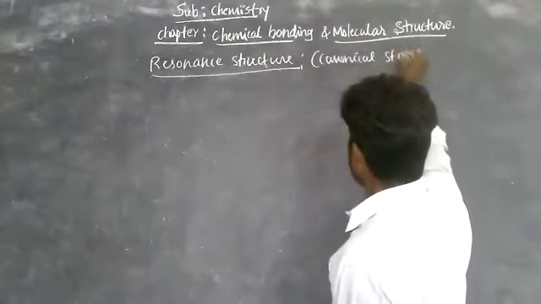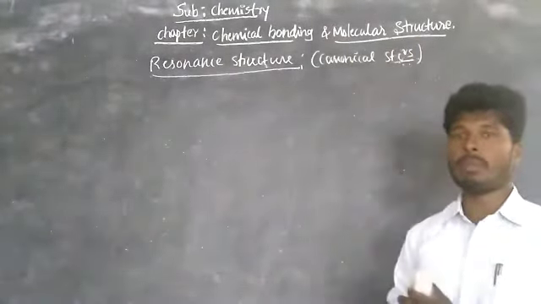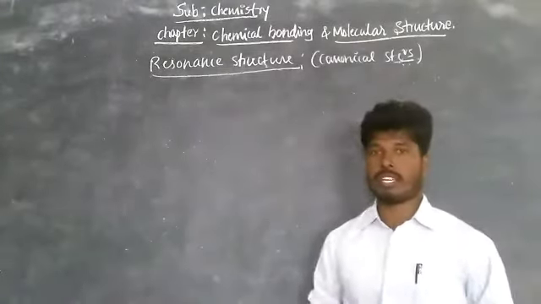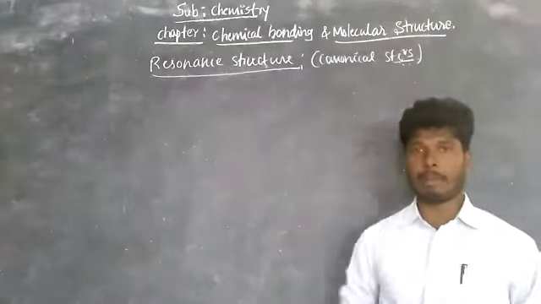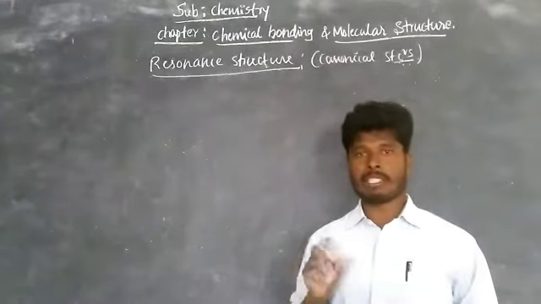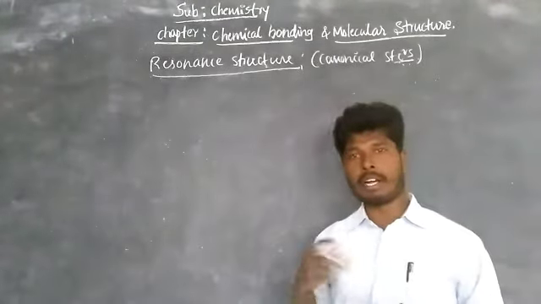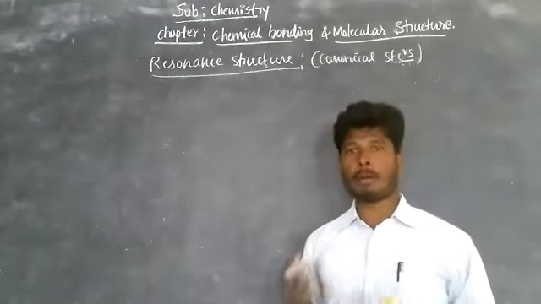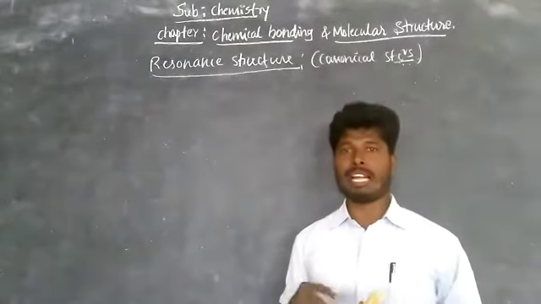So when we are coming to the concept of resonance structure, the meaning of resonance is nothing but the compound having same number of atoms, electrons and bonds and bond order, but the position of bonds or lone pair electrons changes from one place to another place.